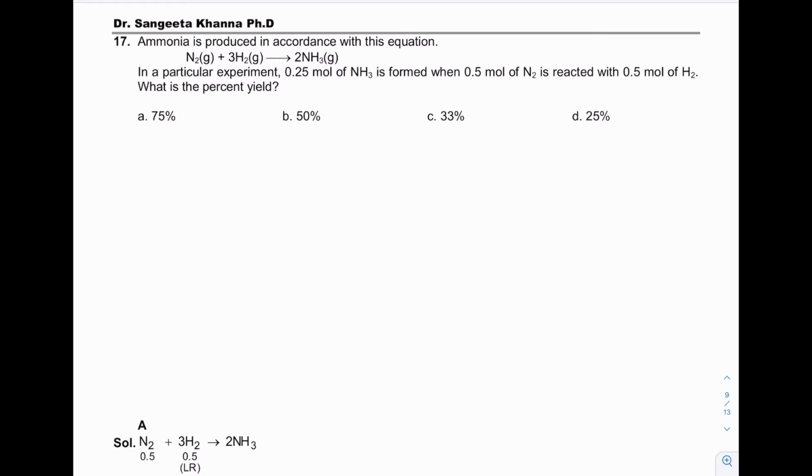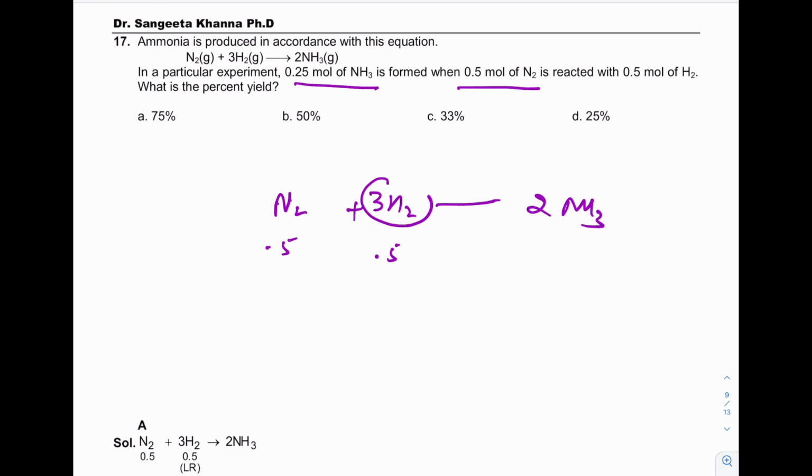Next is, in this experiment 0.25 moles of ammonia is formed when 0.5 mole nitrogen is reacted. Find the percentage yield. Nitrogen is 0.5 mole, hydrogen taken is 0.5 mole. So the limiting reagent is hydrogen. If it is 3 mole, then 2 mole ammonia is formed.